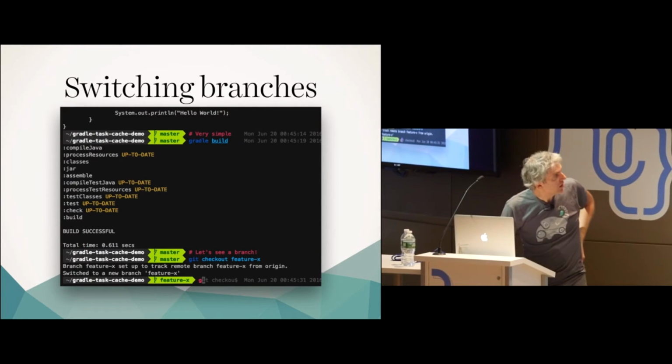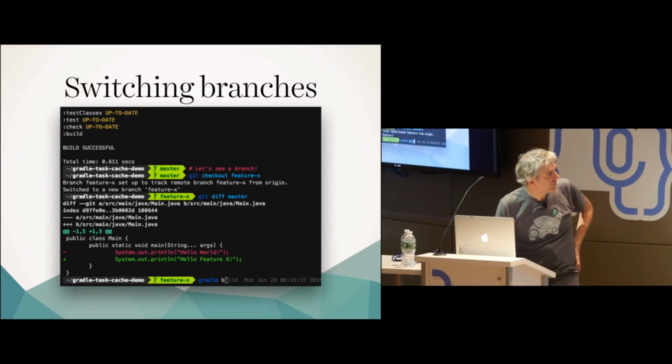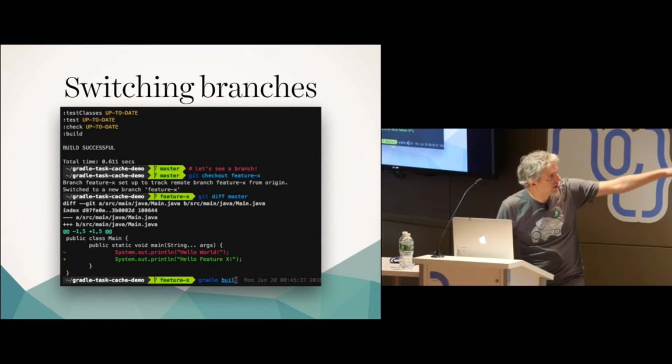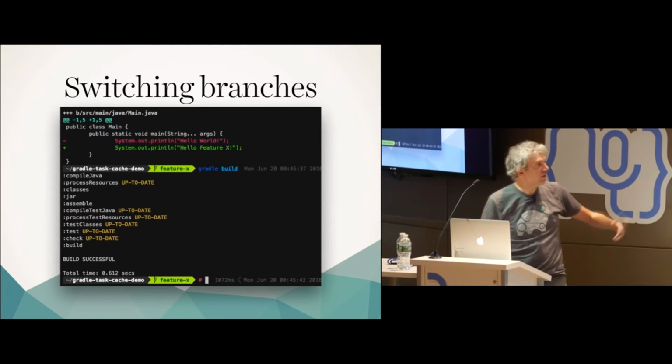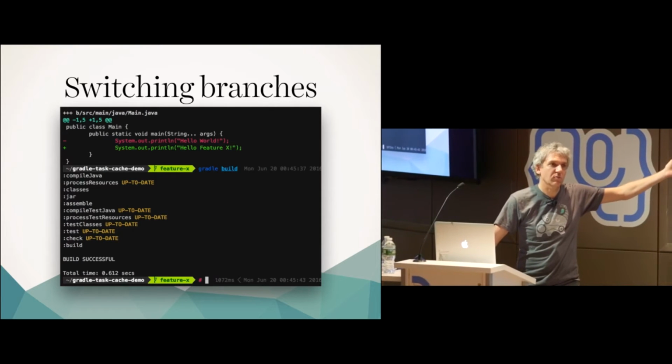Okay. So if we now switch to another branch, feature X, let's look if the task is different. Yes, the main class is different. So if we now say Gradle build again, of course, we have to recompile and rebuild the jar. Makes sense, right?